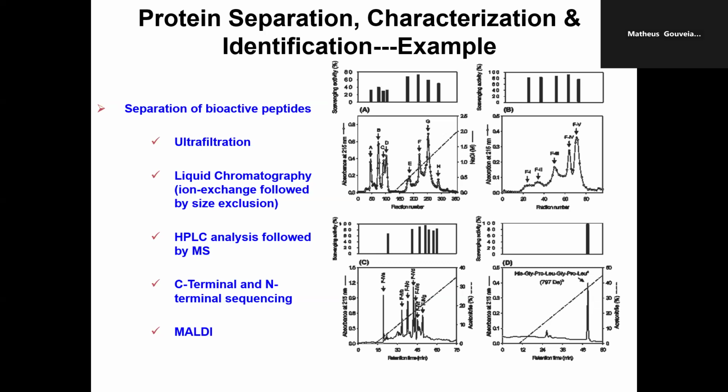In this case, we wanted to isolate a peptide that has high antioxidant activity. This is not my work, so I'm just giving you an example. Here we hydrolyze, then we do ultrafiltration. What is the purpose of ultrafiltration here in this example? If I hydrolyze, say, whey protein.